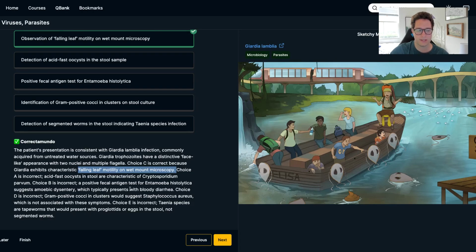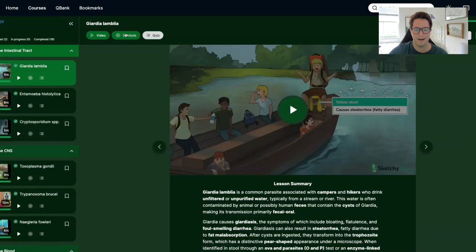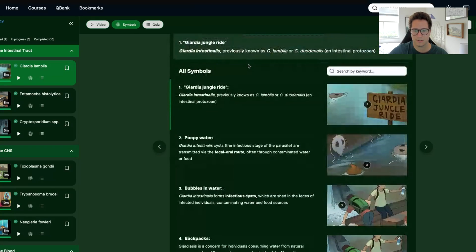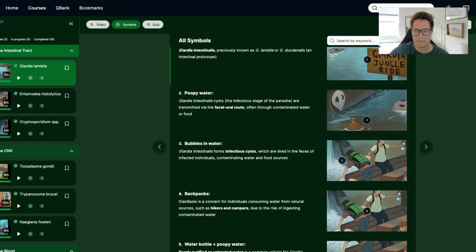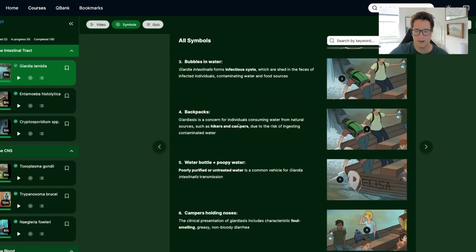And then for all of this other stuff, it's what we talked about. Besides what I pointed out, we're going to pull up the sketch and go through this together. Again, some crummy, nasty water. We get the bubbles in the water. These are cysts. Okay, backpackers. Yeah, I remember that.